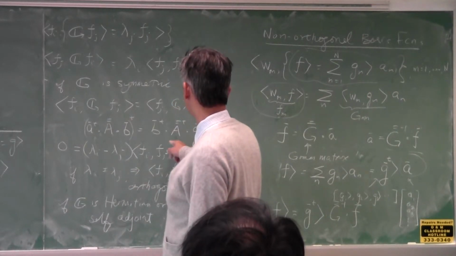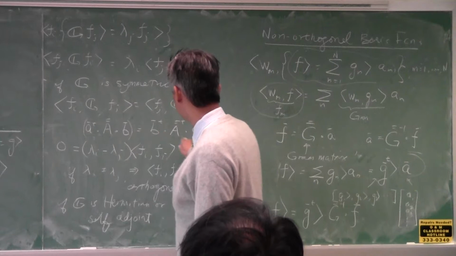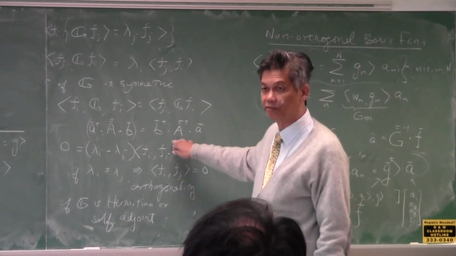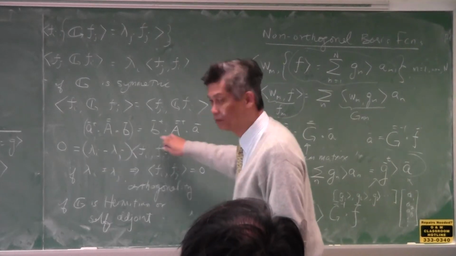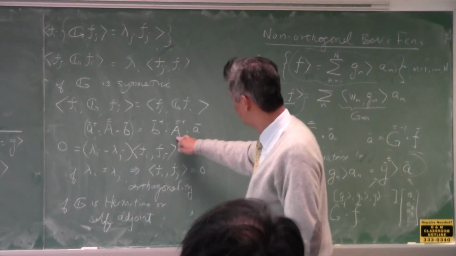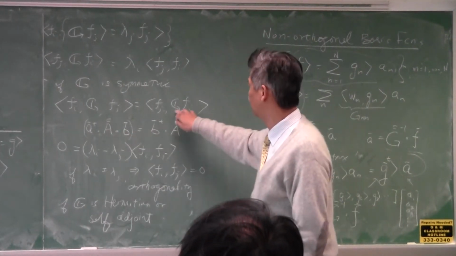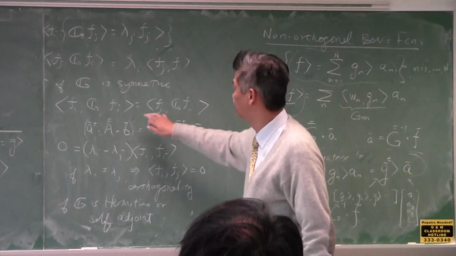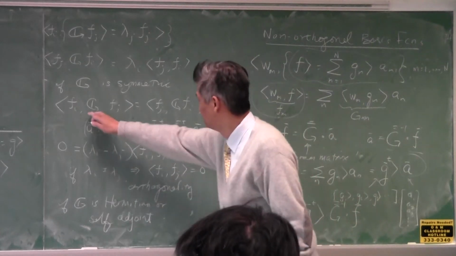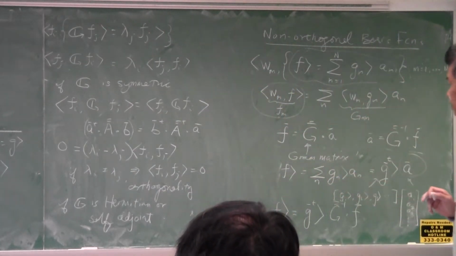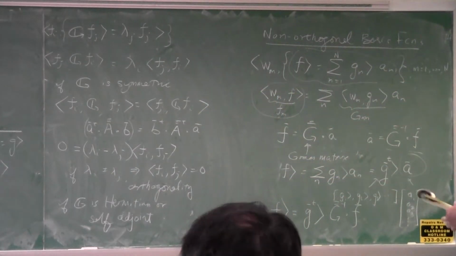No, A is not symmetric. For a general matrix system, this is true, even when A is not symmetric. That's how you define it. You use this to define the symmetric A. If this is self, then A must be symmetric. And we use this to define G to be symmetric. In the infinite dimensional Hilbert space, we define G to be symmetric in this manner.